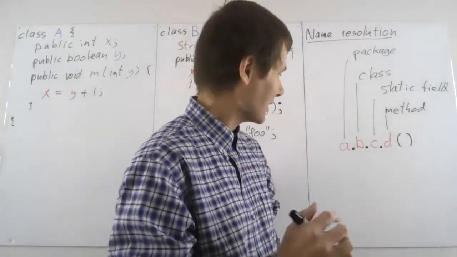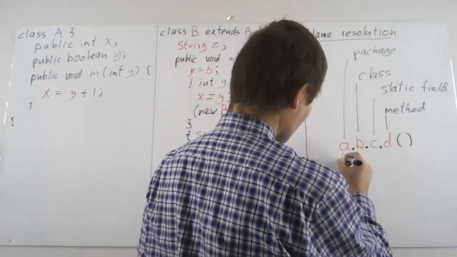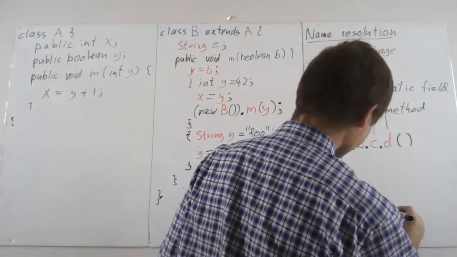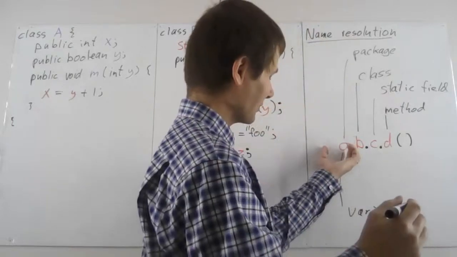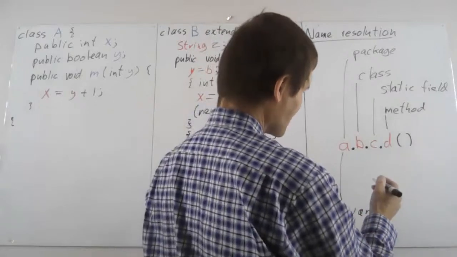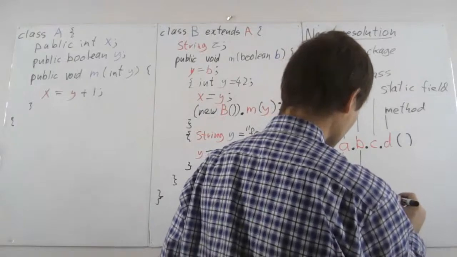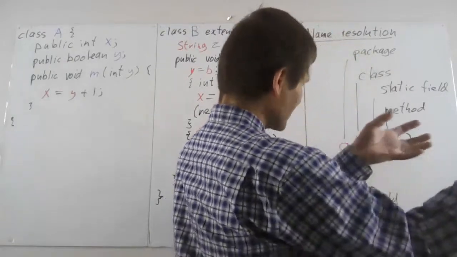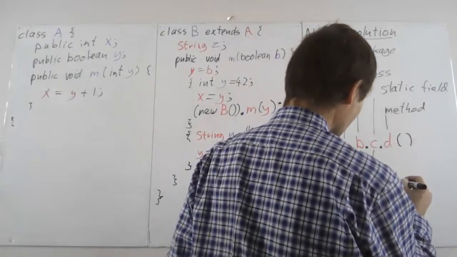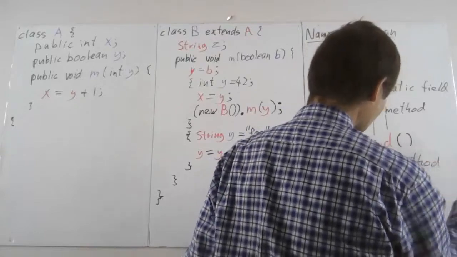My first thought would be, well, it says A, so A is probably a local variable that holds a reference to some object, and that object has a field B, and that field is a reference to some other object, and it has a field C, and then D is the name of some method.